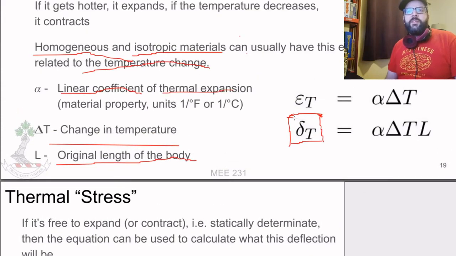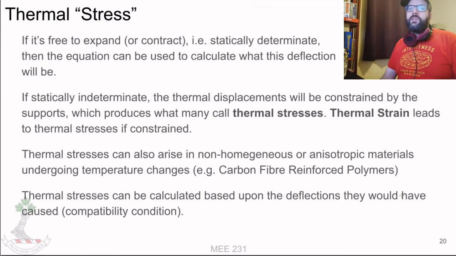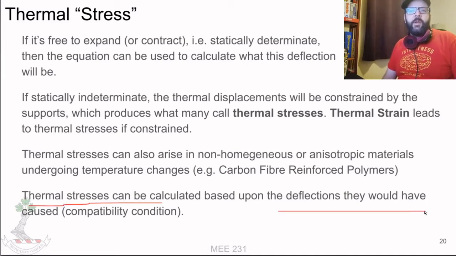So the material as a whole isn't able to expand and contract at the same rate, and some stresses get introduced as a result of that. Anyways, these thermal stresses can be calculated based upon what deflections they would have caused.